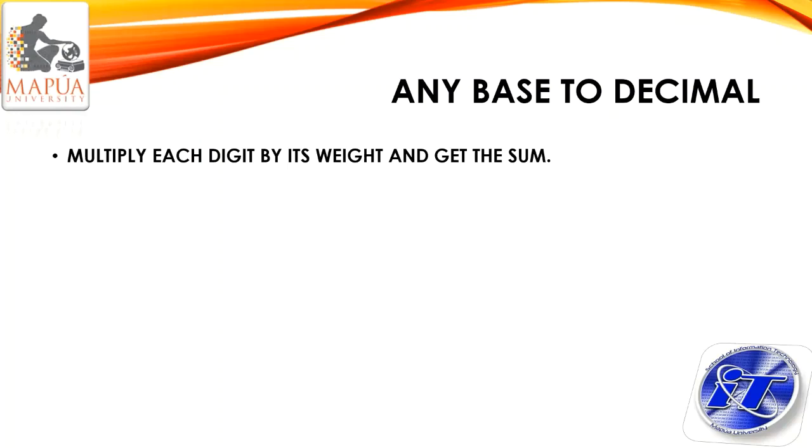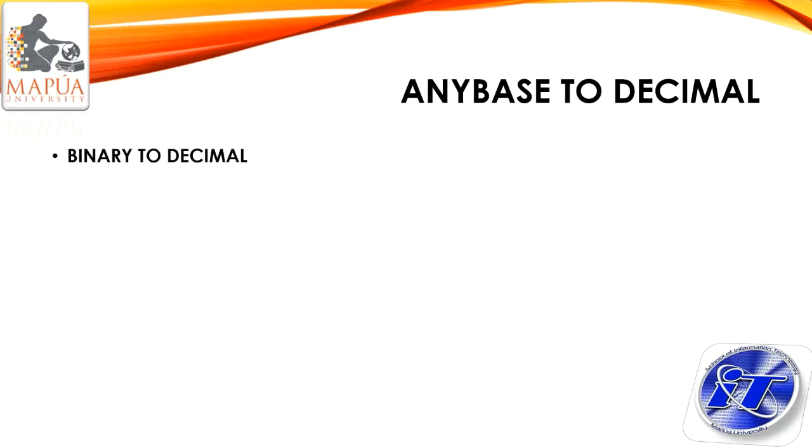So for example, binary to decimal, we have 1010.11. We need to first locate the radix point. This is the binary point, the decimal point, the octal point. Basically it separates the whole number and the fraction of the given number. Why do we need to look for the radix point?